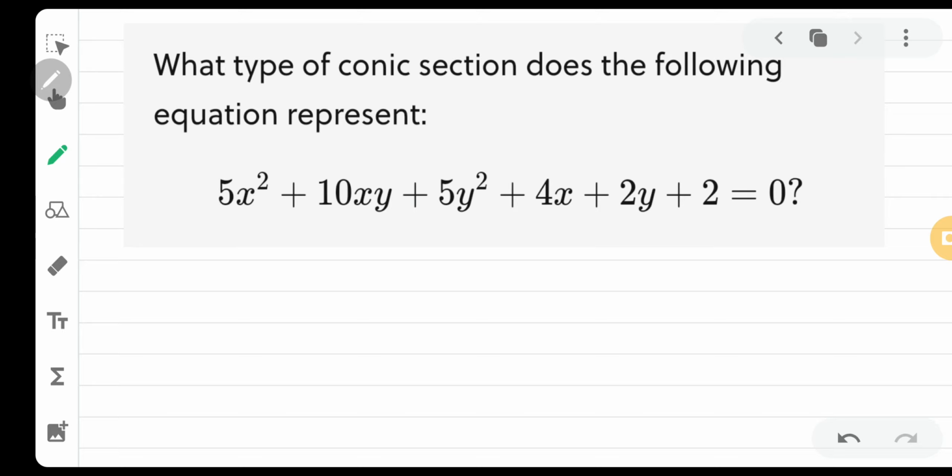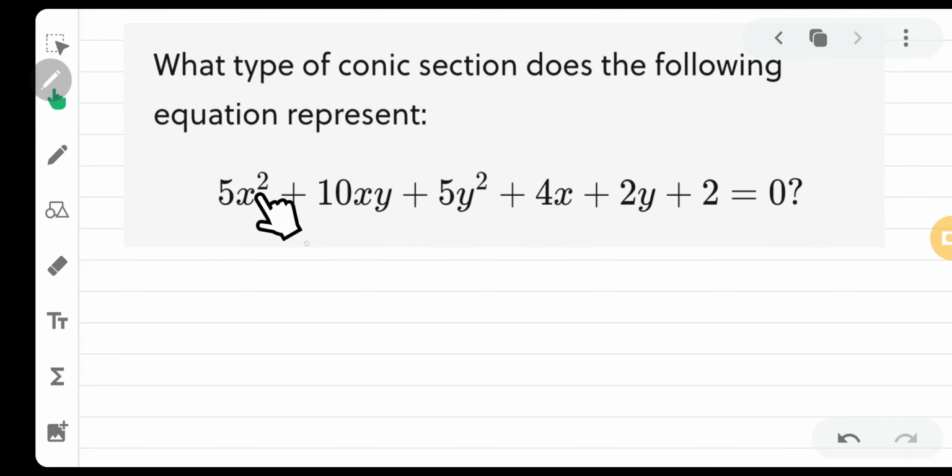So today we are going to do a very interesting concept from the chapter of conic sections. In the chapter of conic sections you have many conic sections, for example parabola, hyperbola, circle, ellipse, pair of straight lines. Some are degenerated conic sections, just like pair of straight lines. Just by looking at the equation, it becomes very difficult to understand which type of conic section it is.